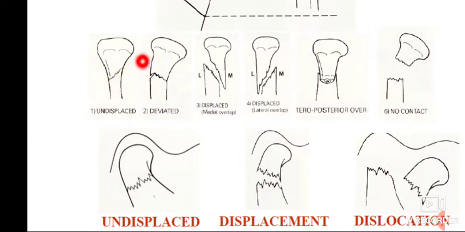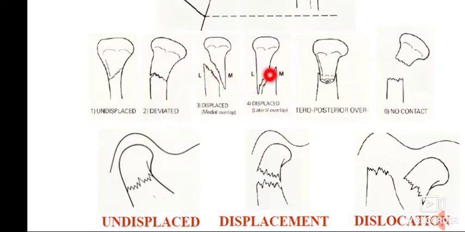The fracture is there, but both components, the proximal segment and the distal segment, are together in contact. Proximal is towards the TMJ, distal is away from the TMJ. They are fractured in contact, but there is a slight deviation.